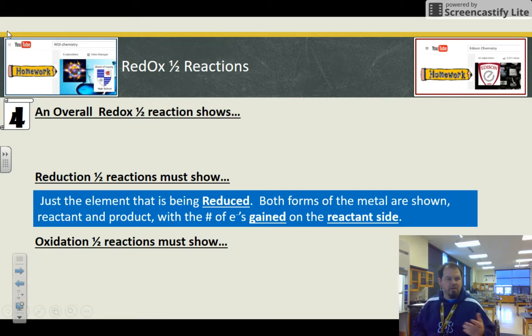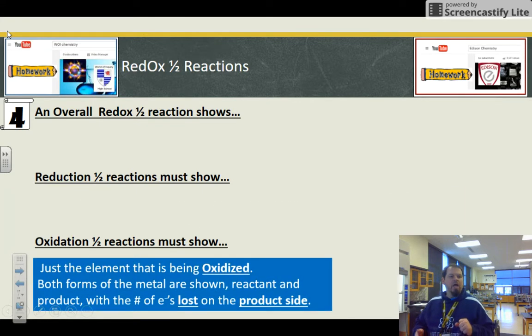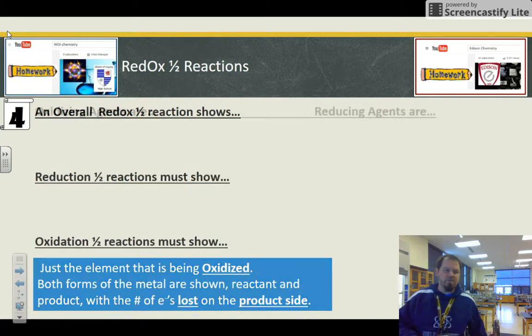Both forms of the metal are shown, reactant and product, and the number of electrons gained on the reactant side for reduction. Okay? Okay, good. Whew. And then the oxidation half reaction shows just the element that's being oxidized. Both forms of this metal are shown, reactant and product, with the number of electrons being lost on the product side. Oxidation is losing, product side, just like losing heat.